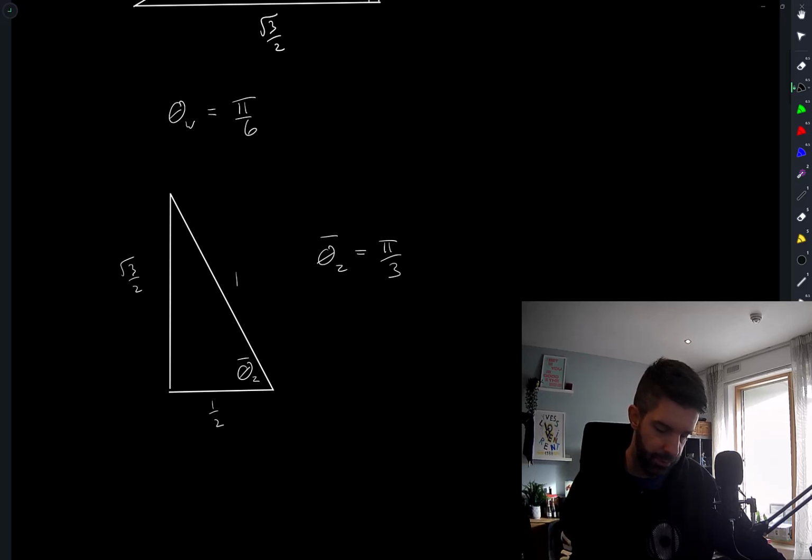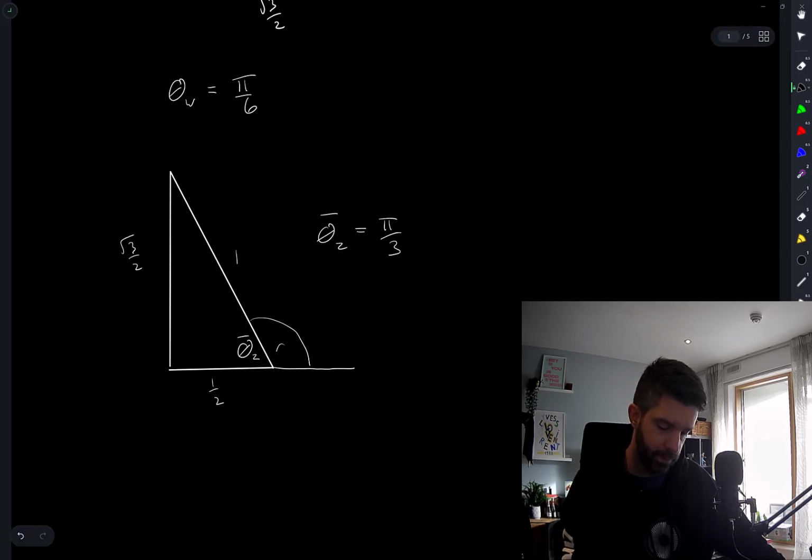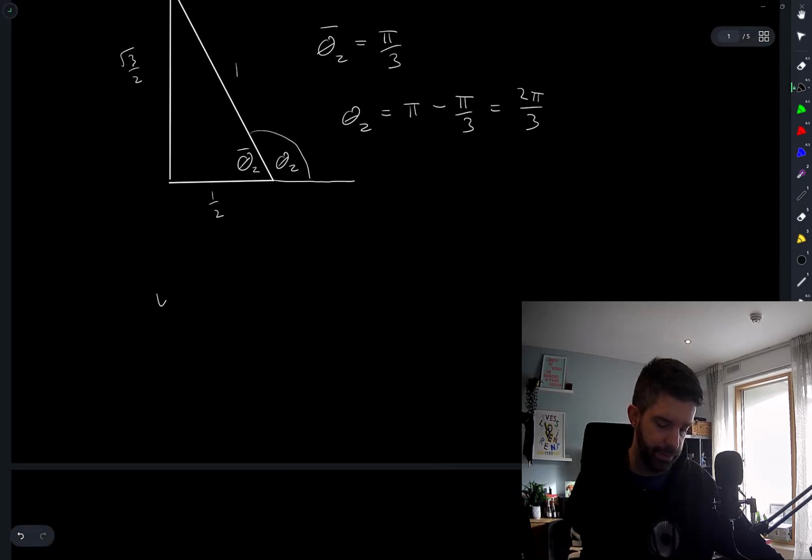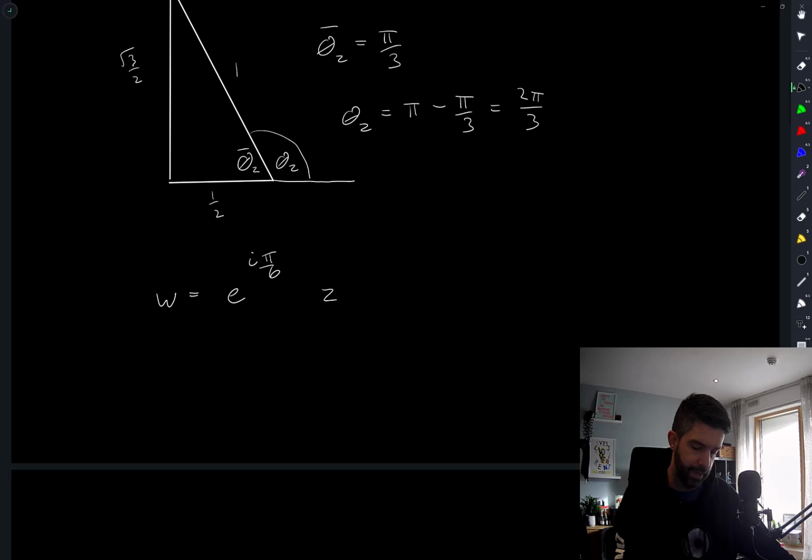But what we really want is that angle. Call that theta z. Theta z is pi minus pi over 3, 2 pi over 3. Okay, so I can write w is e to the i pi over 6, and z is e to the i times 2 pi over 3.